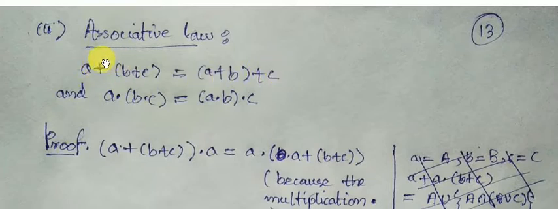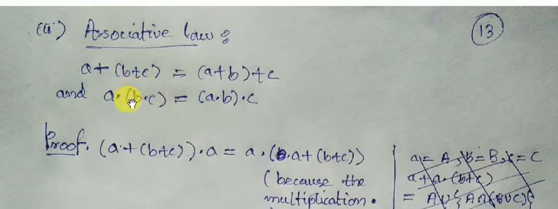a plus (b plus c) is equal to (a plus b) plus c. This is the associativity property for addition. Similarly, the associativity property for multiplication is this: a into (b into c).